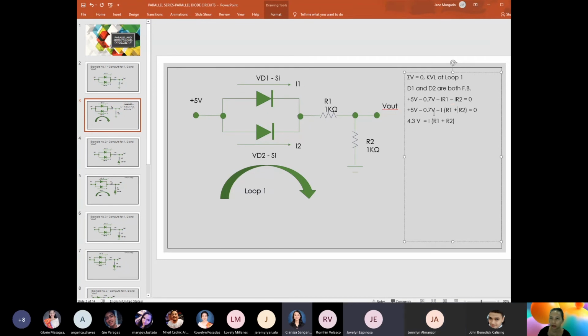So, minus I times R1 plus R2. Therefore, I total would be equal to 4.3 divided by R1 plus R2. So, 2K, 2 kiloohms.